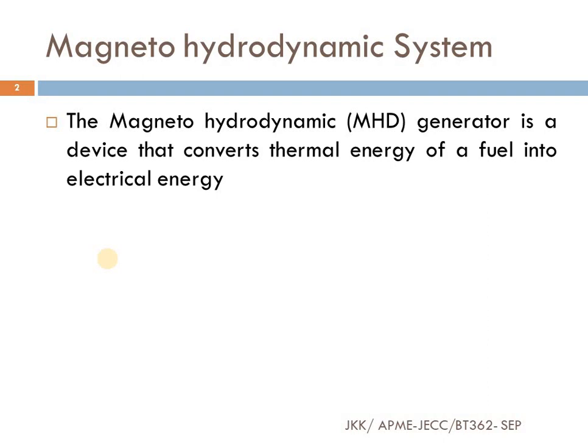An MHD system basically converts the chemical energy of fuel directly into electrical energy. Normally, in conventional methods, for conversion of chemical energy of fuel into electrical energy, we need internal combustion engines or maybe gas turbines.